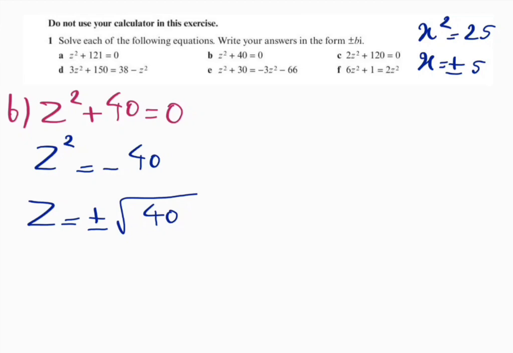In the previous question I included each step, but you can skip some of them because you can do some in your head. For example, root minus 40 can be written as root 40 times root minus 1, then root 40 times i. You can straight away rewrite this as z is equal to plus or minus root 40 i.